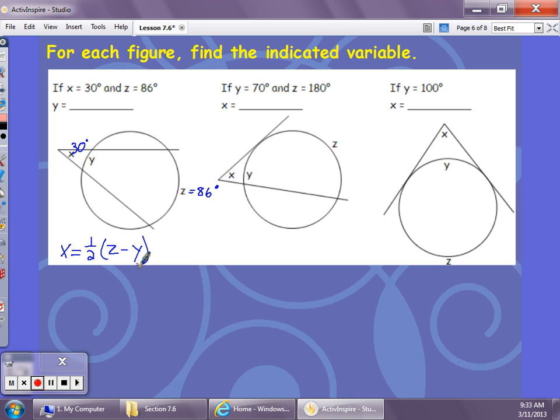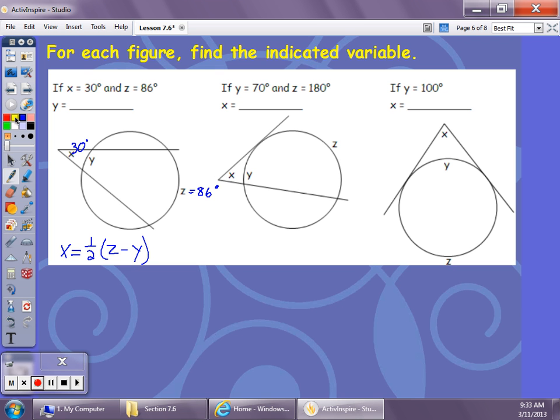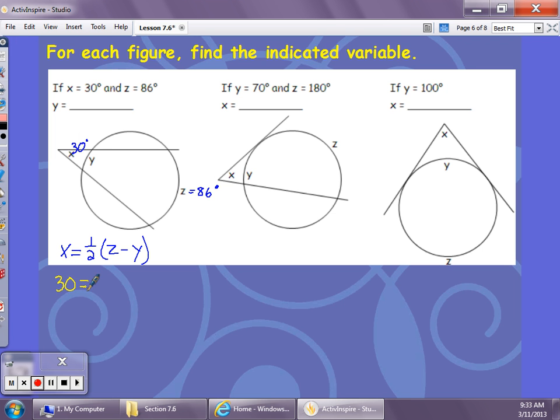So then from here, we can just go ahead and fill in the information that we have. So we know x equals 30 degrees. We know that z equals 86 degrees, and we're trying to find y.